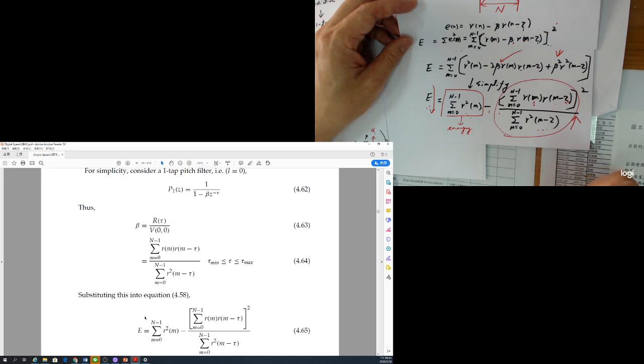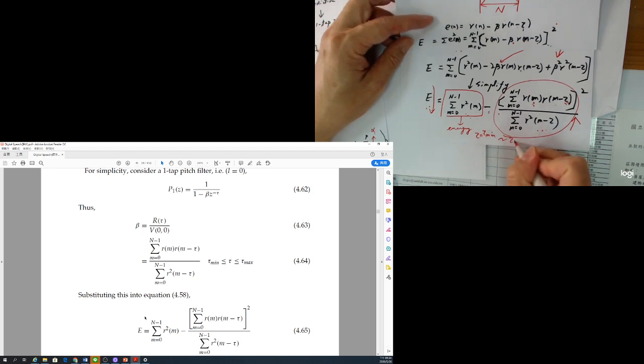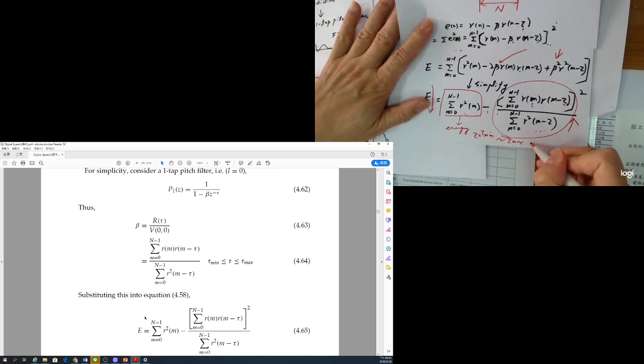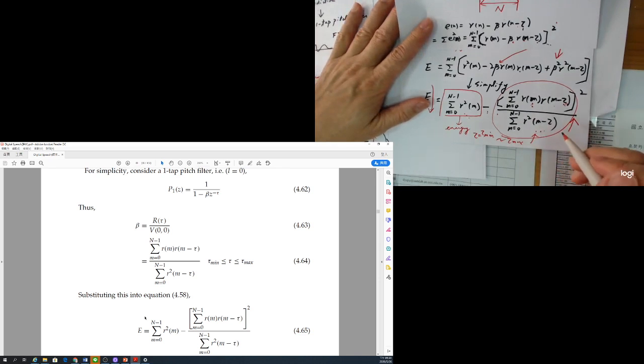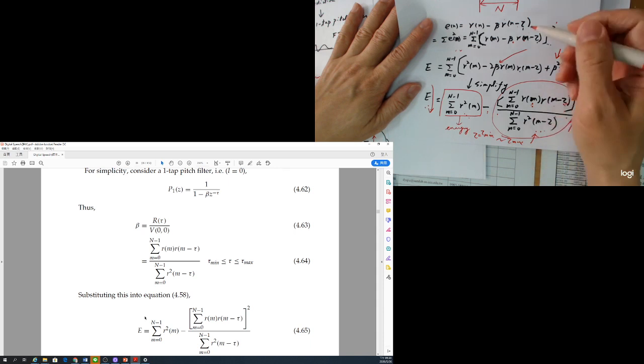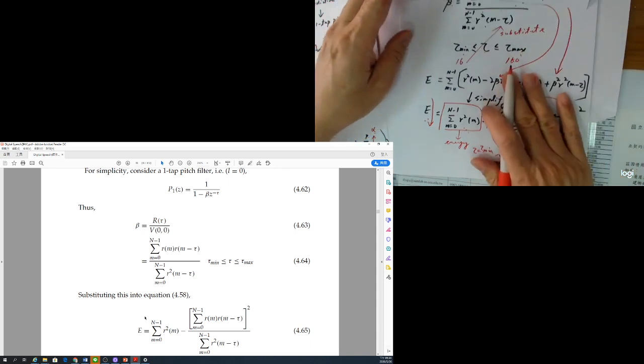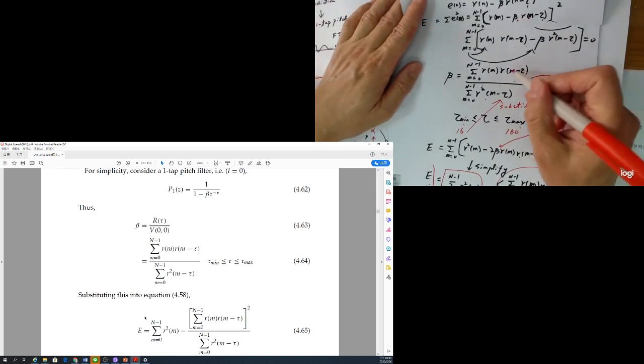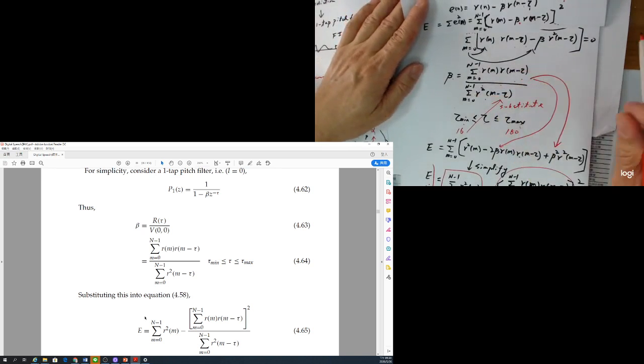If we are trying to find this one, the maxima will be the winner. So our tau will range from tau minima to tau maxima. Substitute this normalized autocorrelation, find the maxima value. That one will be the winner. Based on that tau we can get our beta. So that one will be straightforward to get your solution.